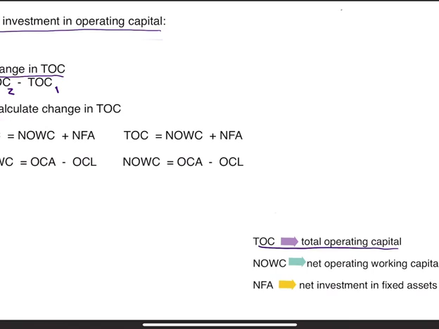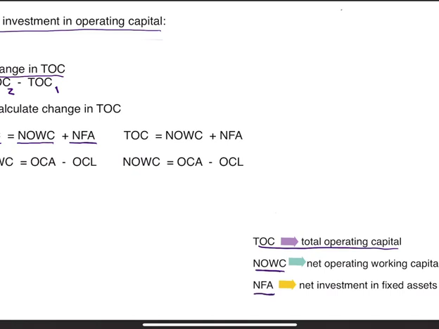So, for this right here, total operating capital, we need to find the NOWC, which is net operating working capital, and add NFA. NFA is the net investment in fixed assets.